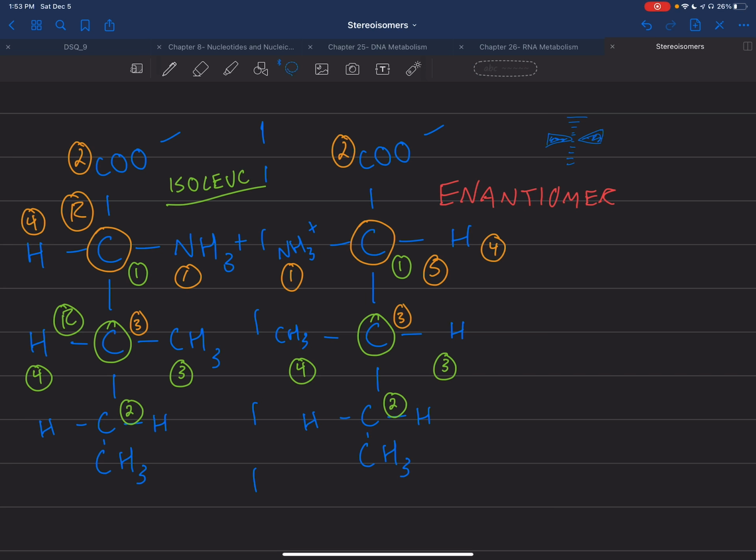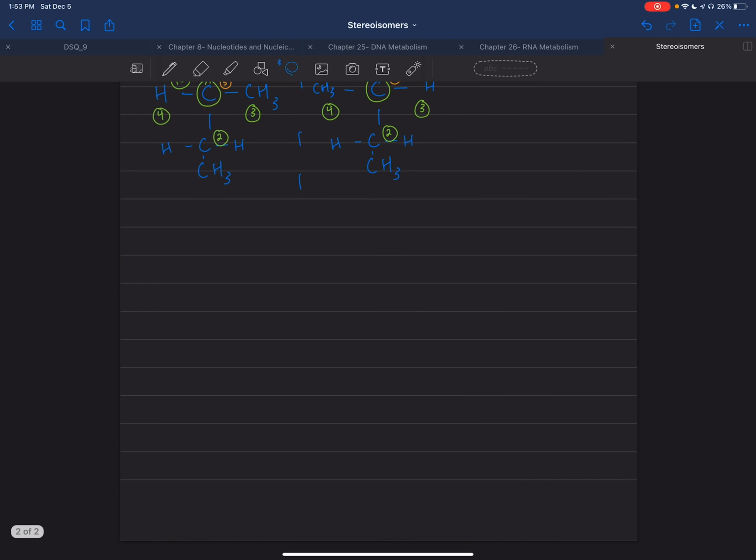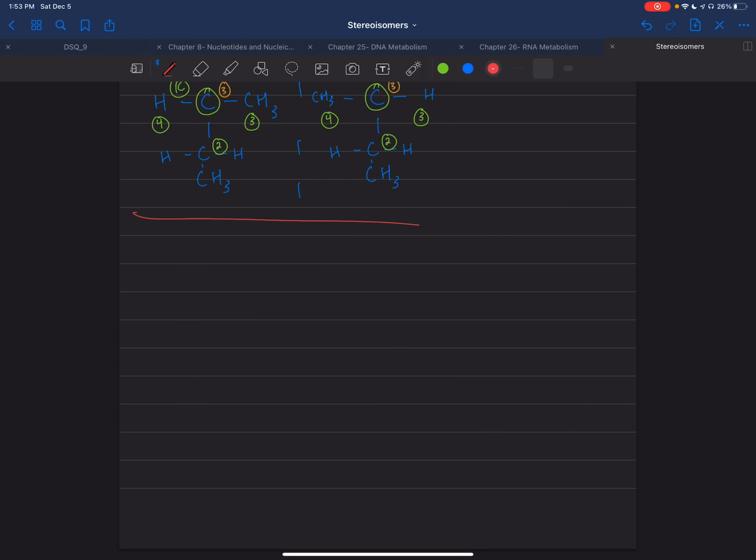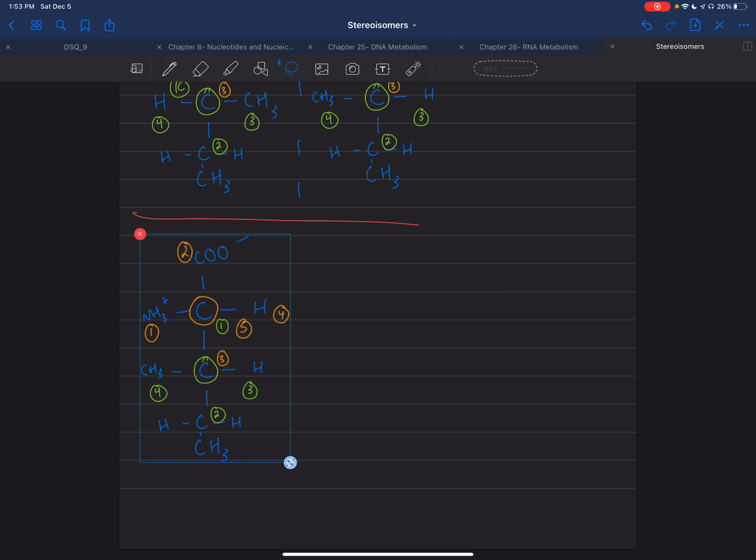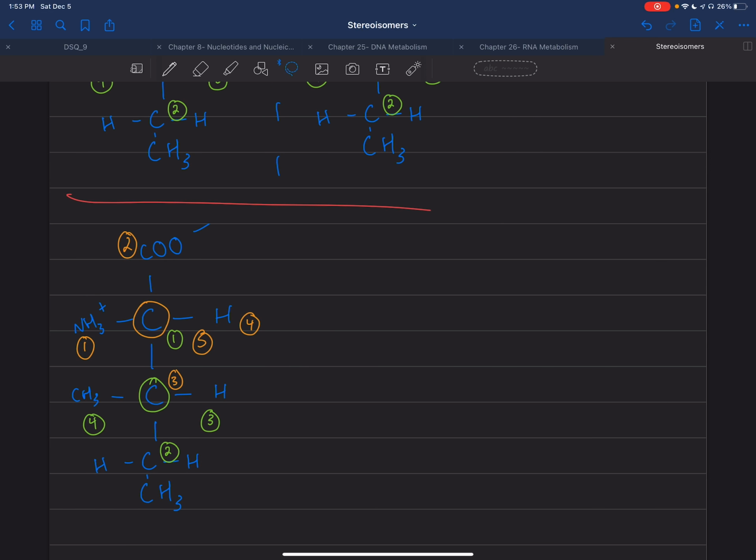For the sake of completion, I'm going to show you all 4 stereoisomers on the same page. Let's put the diastereomers under here. We're just going to swap one thing, 1, 4.